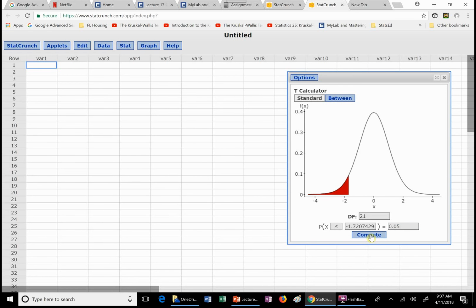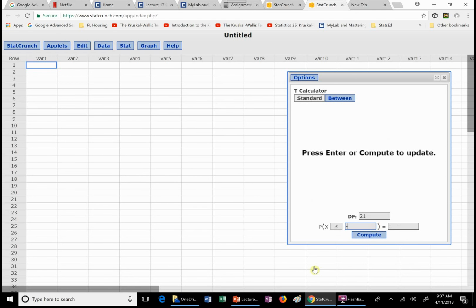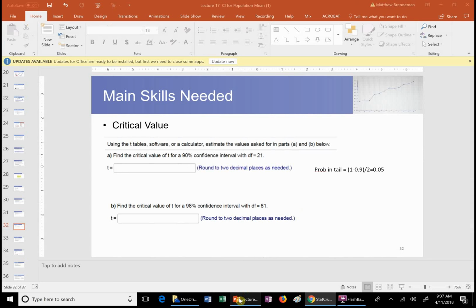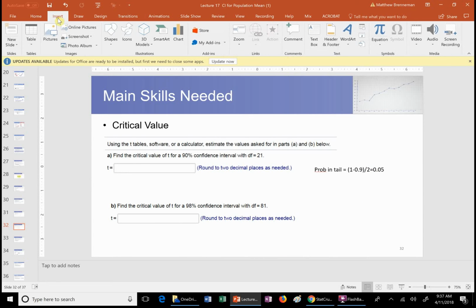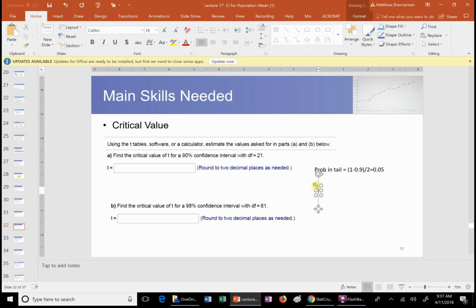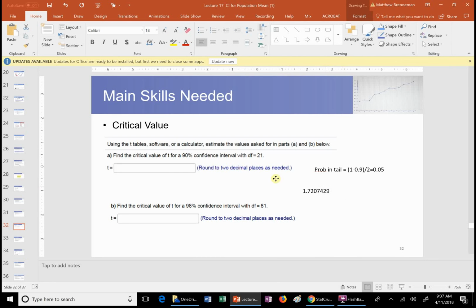Now you have to be a little careful because sometimes they want you to use positive critical values. And that's because they want the margin of error to be positive. So I'm going to just take this right here, snip this off, and so my answer should be this.